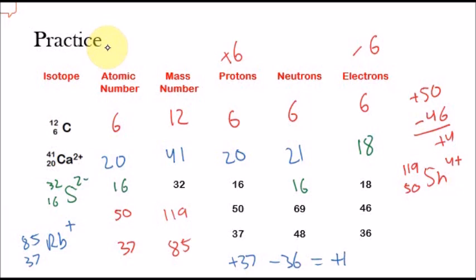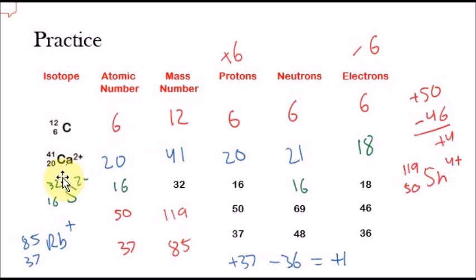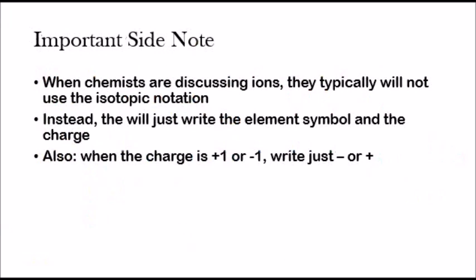So it's only really critical when you're talking about nuclear chemistry, but these two numbers here, the atomic number and the mass number, are not really important otherwise. So whenever chemists are talking about ions and elements, you're just going to put the symbol and the charge, okay? So if you see that in a chemistry textbook without the two numbers indicating the mass number and the atomic number, don't freak out.